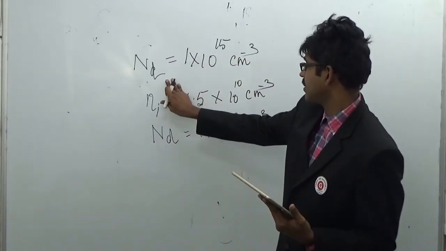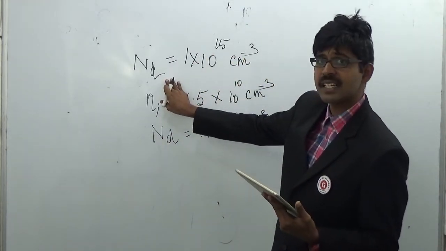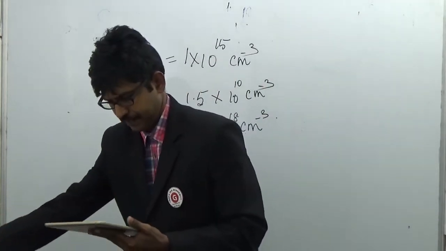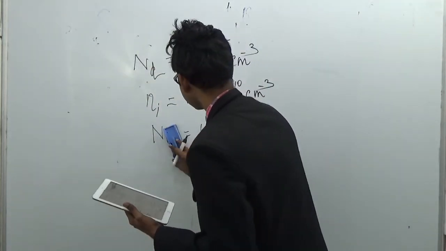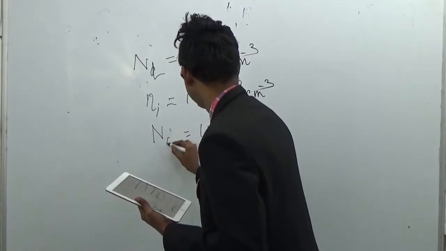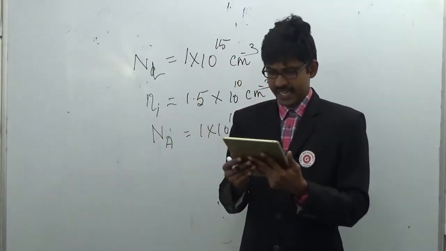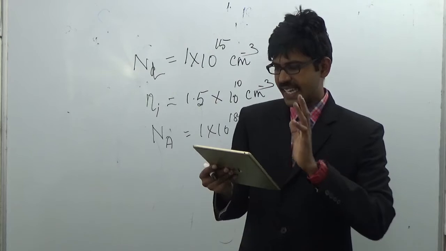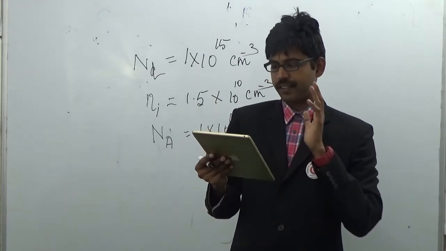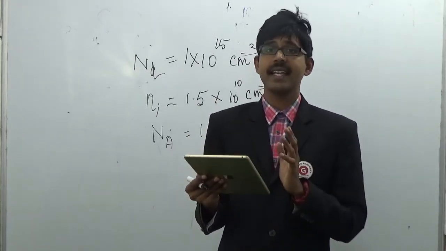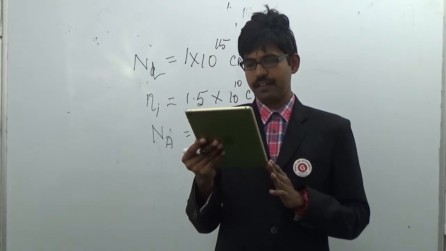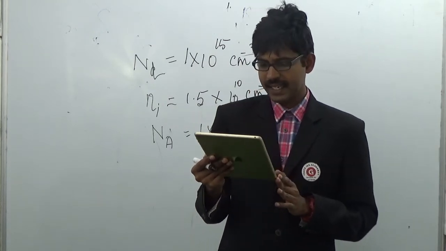So the donor concentration is given, the acceptor concentration is given, and here you are asked: what is the approximate number of electrons in the sample?